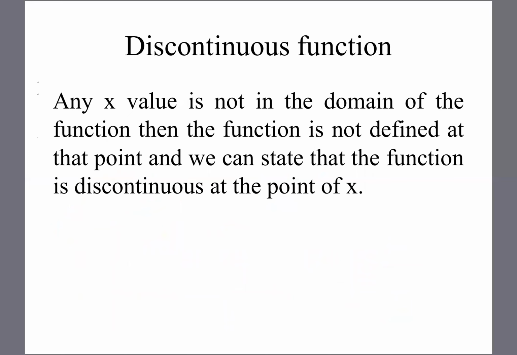Therefore, we can say if any value is not in the domain of the function, then the function is not defined at that point, and we can state that the function is discontinuous at the point x. So no domain value. Domain එකක් නැහැ. එතකොට අපි කියනවා ඒකට discontinuous function එකක් කියලා.